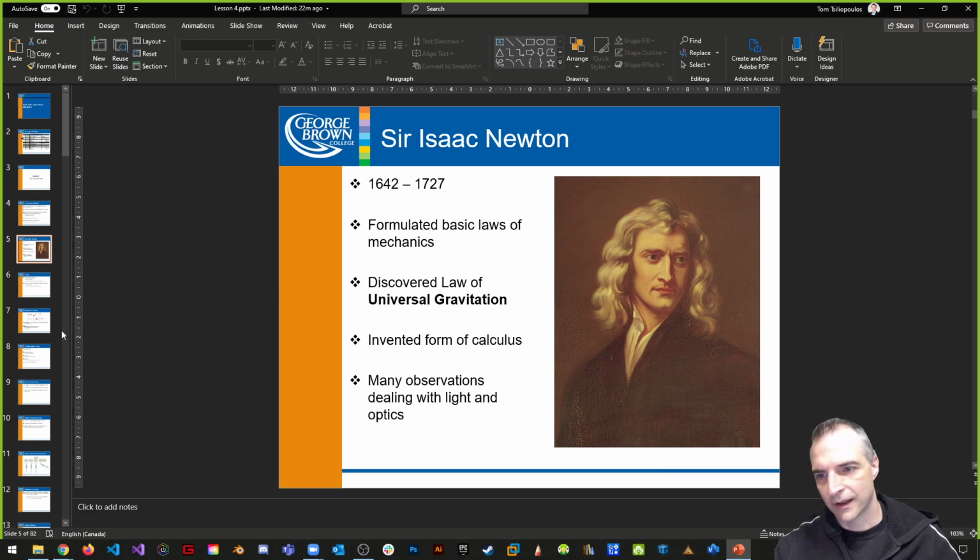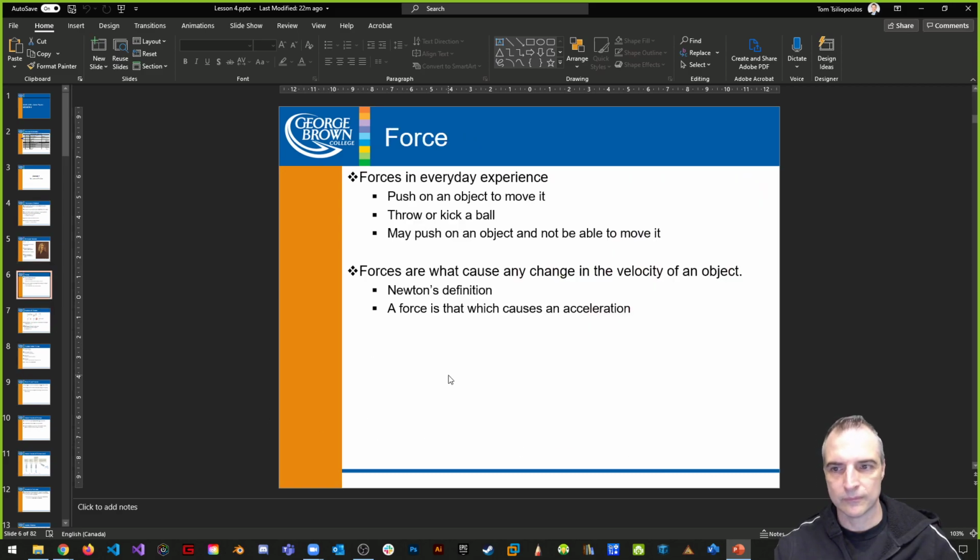All right, let's continue. So forces. Let's talk about forces. Again, forces are used to push and pull objects throughout the entire day. We can use forces to throw a ball or kick a ball. We can push an object and so on. So forces are what Newton's laws kind of work around, the three laws of motion that we're going to talk about, right?